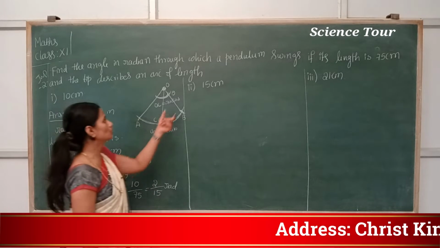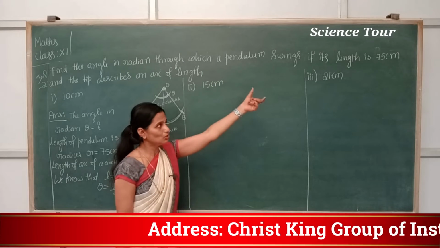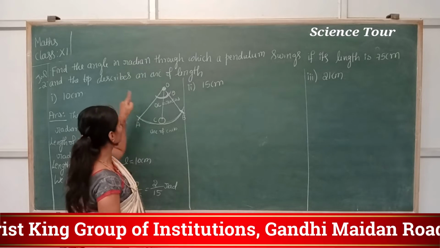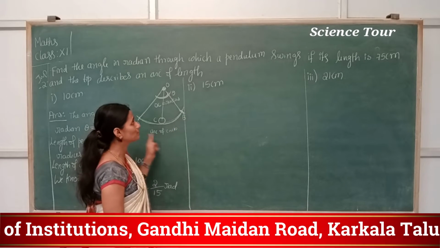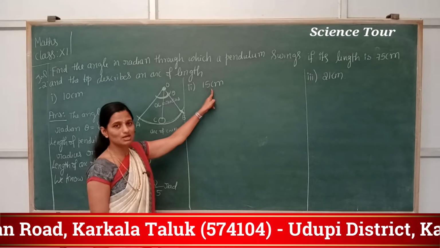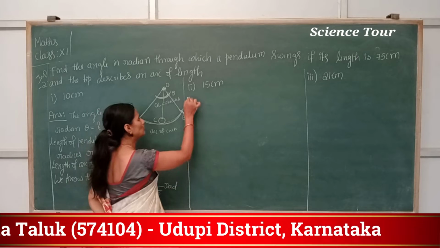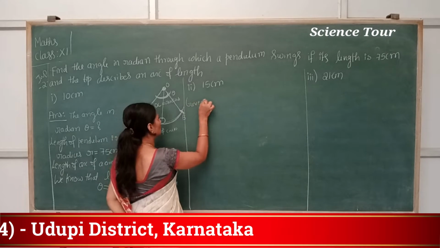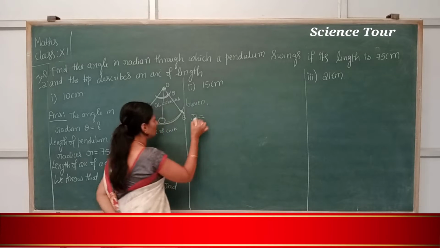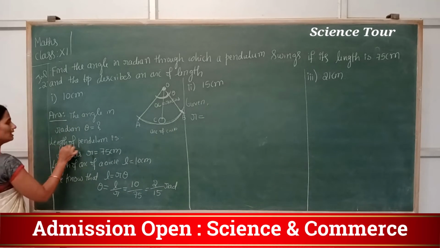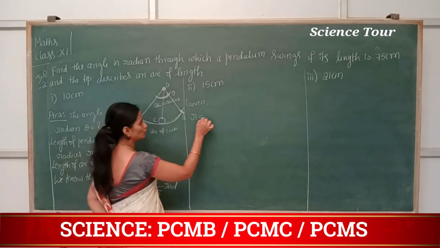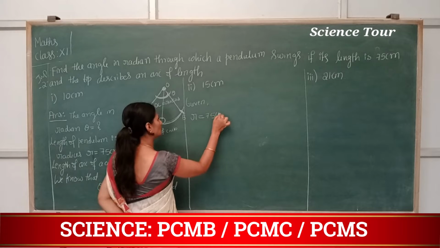Now the second question. The length of the pendulum is the same. So angle theta is question mark. When the tip describes a length, the length varies. How much? L is equal to 15 centimeter. So given, you should write r is equal to, the length of pendulum is the radius, 75 centimeter.